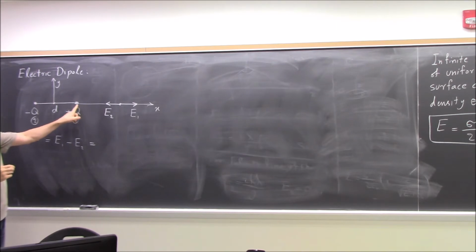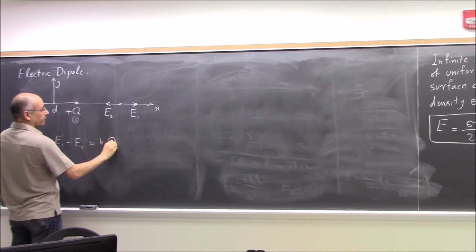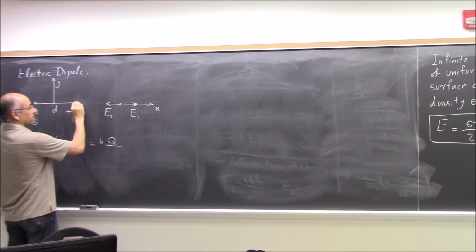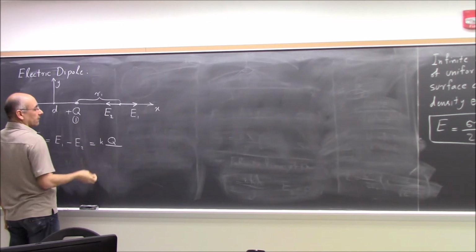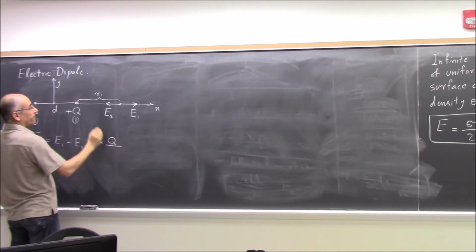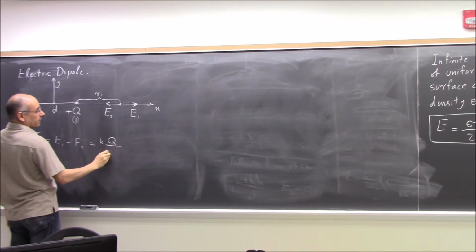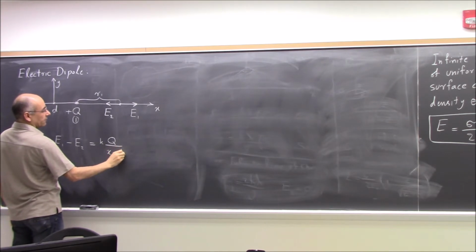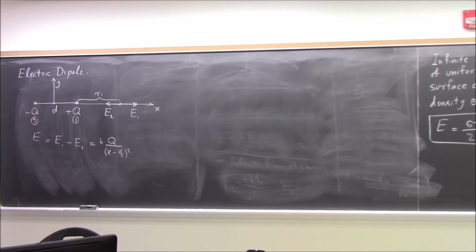So the electric field of E1 will be kq divided by this distance, which is R1, let's say. R1 is x minus d over 2, squared. That's the electric field of the first one.